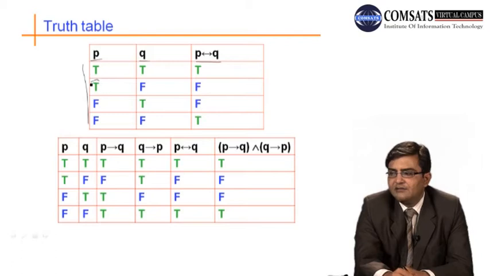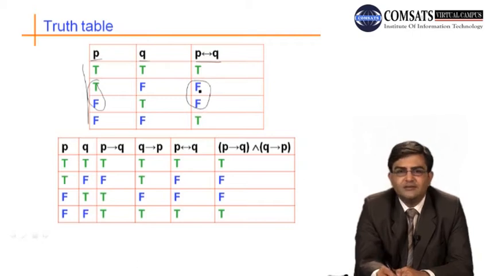In the other two cases, in which either P is true and Q is false, or P is false and Q is true, the biconditional of P and Q is false. And in the last case, when P is false and Q is false, this is true.